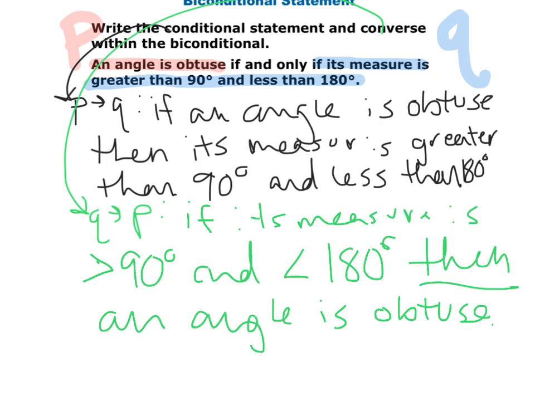So in black here we have the conditional, and in green we have the converse.